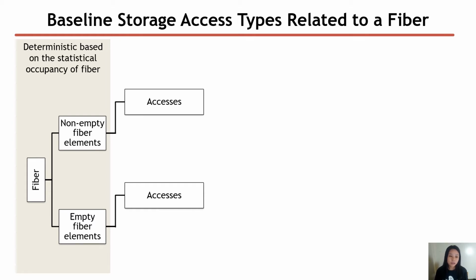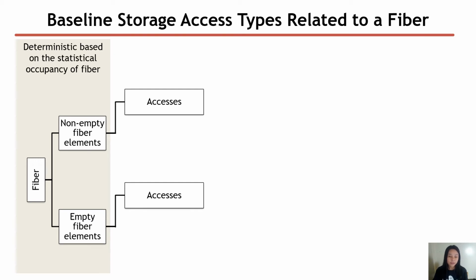a fiber. So after the definition, our fiber will have some non-empty fiber elements, meaning in the original tensor, these elements are non-zero. And we will have some empty fiber elements, meaning in the original tensor, these elements actually correspond to zero values.